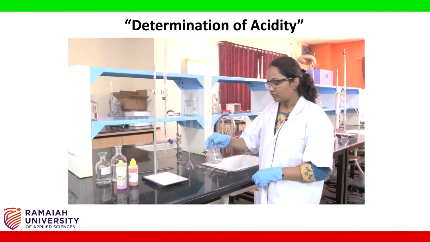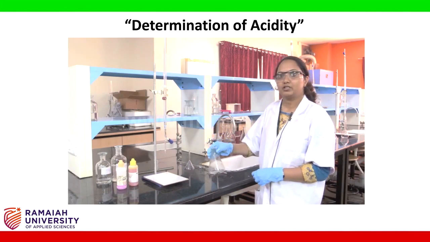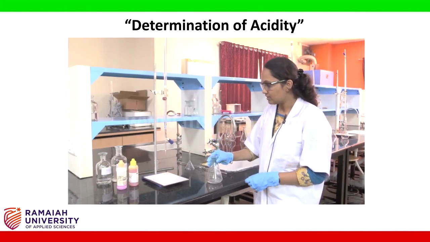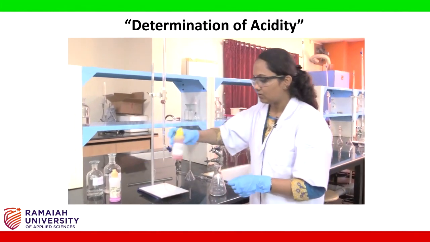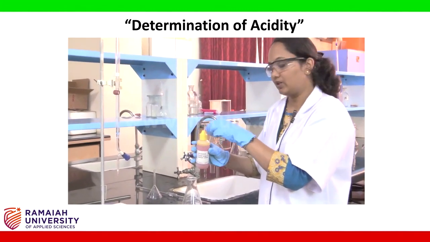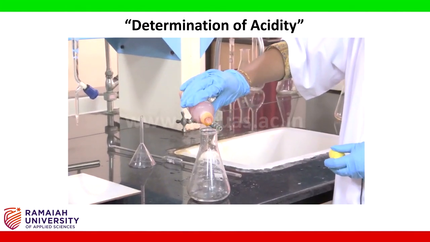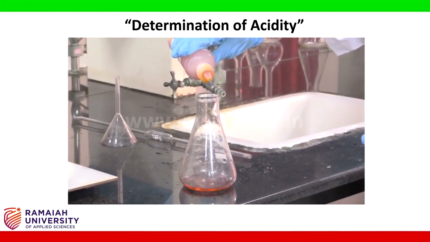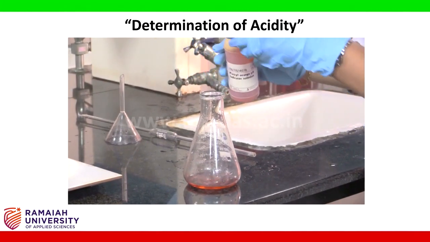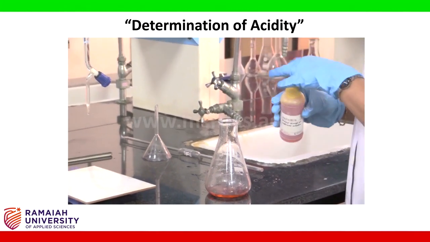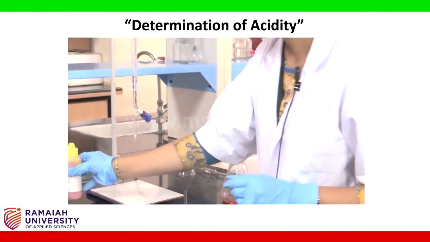So 10 ml of the water sample has been pipetted to the conical flask. Now add 2 to 3 drops of methyl orange indicator. The color changes to red.